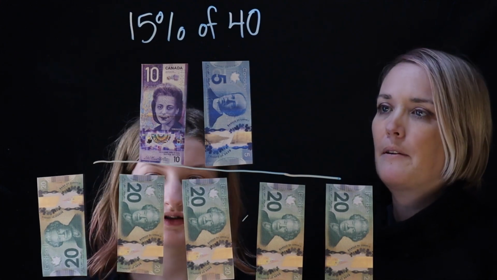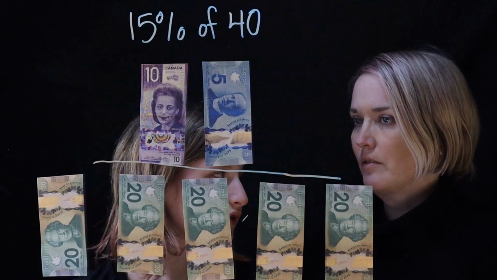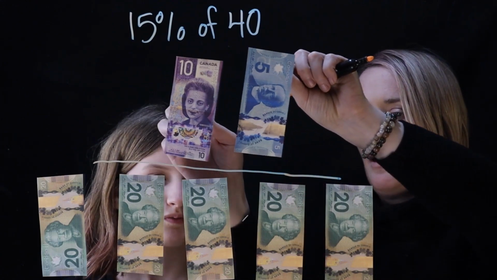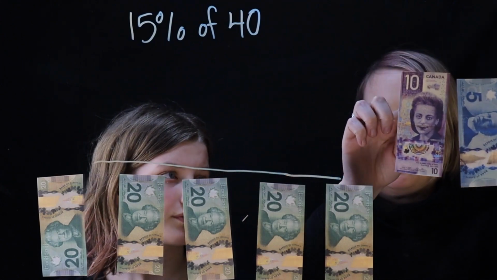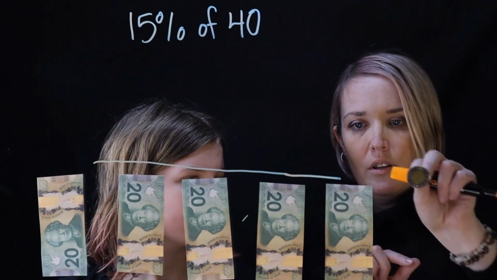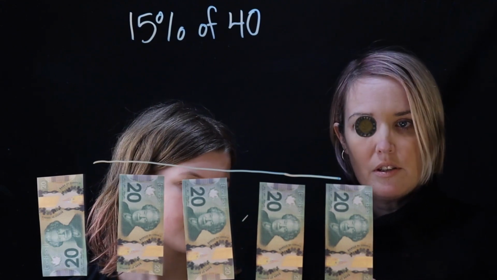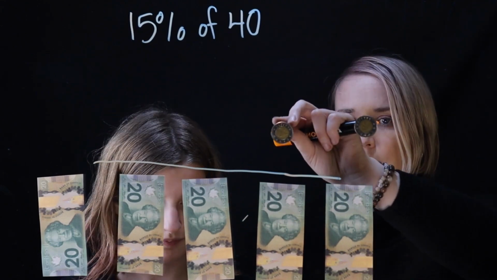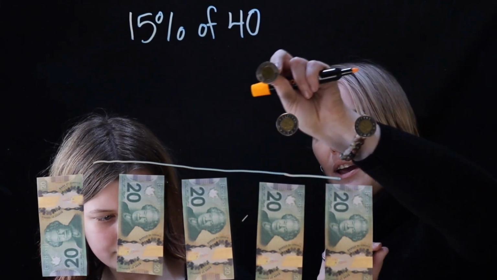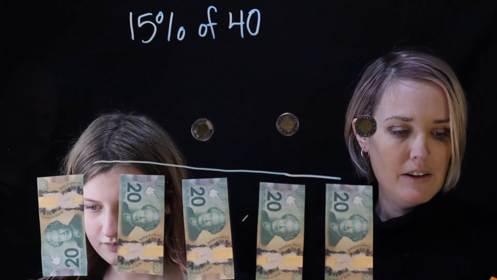But now we have split the 15 into 5 groups. Oh, okay, so let's go ahead and do that. So instead of 15, what's 15 divided by 5? 3. 3, okay, so let's pull out a 2. Do you mind grabbing some loonies and putting loonies out for me? Because we have to put out 3 for every 20, right?